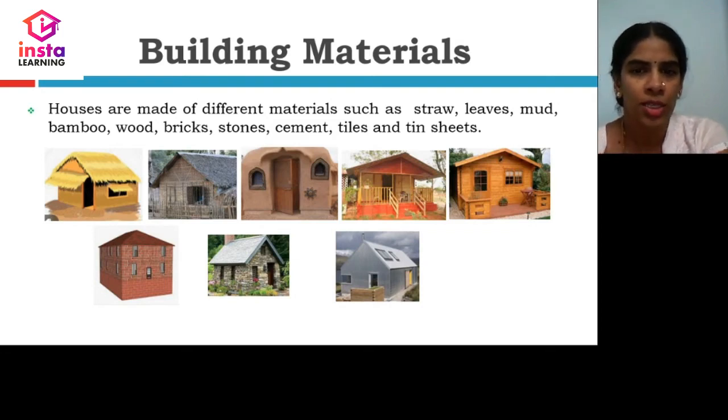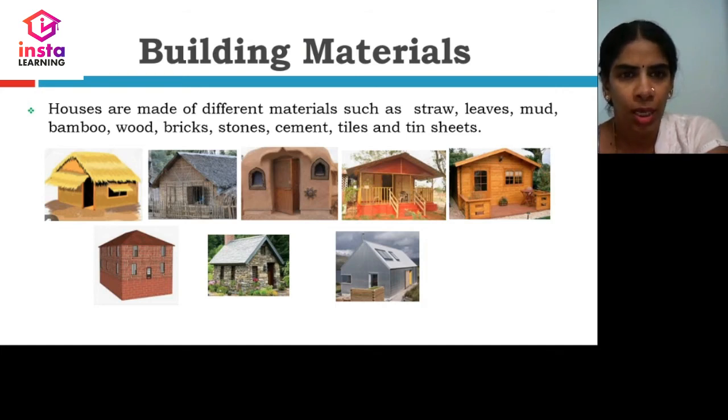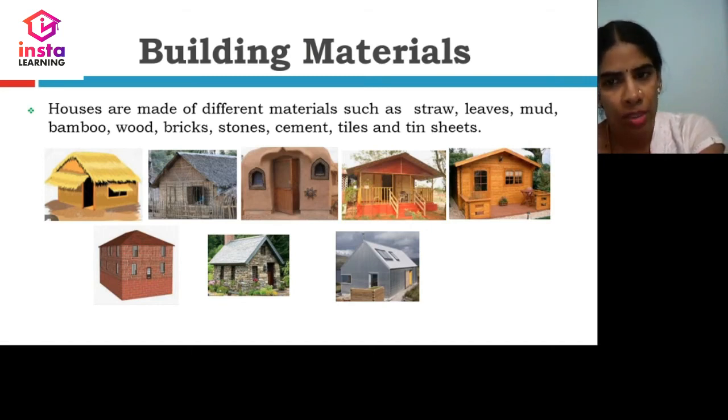So you can see different types of houses are constructed using different building materials. You should remember the houses can be made up of straw, leaves, mud, bamboo, wood, bricks, stones, cement, tiles and tin sheets.